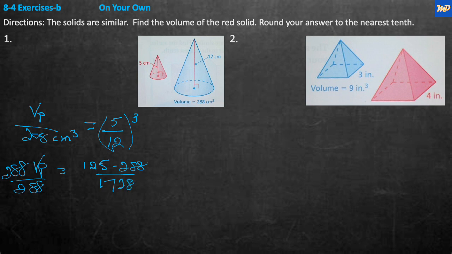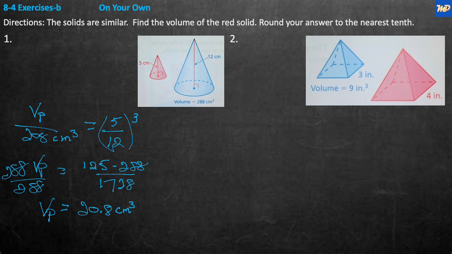And when you do the math, the volume of the pink cone is going to be equal to, I just do the math straight on my calculator, 125 times 288 divided by 1728 is equal to 20.8. And these are what? We're talking about cubic centimeters. Cubic centimeters.